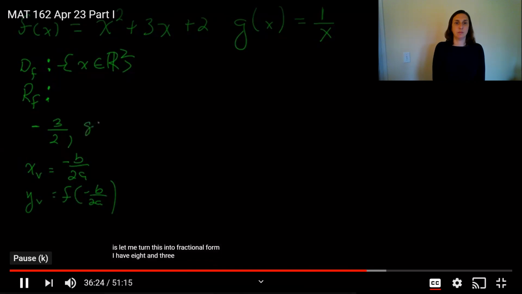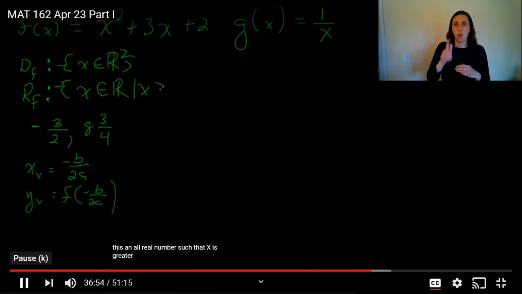I have 8 3/4. Or, well, this is a parabola with a positive leading coefficient, so it's a minimum. So the minimum value, I want to turn this into fractional, so it's 35/4 is 35/4. So y exists in all real numbers such that y is greater than or equal to 35/4.